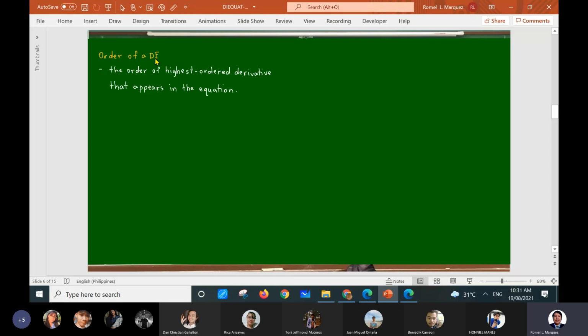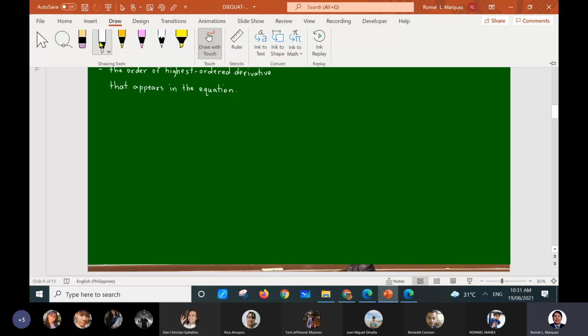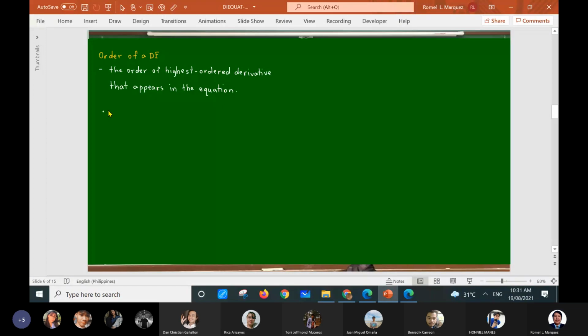In general, nth order DE. Okay, guys? And how will we know the order of the differential equation? By looking at the highest derivative present in the equation.